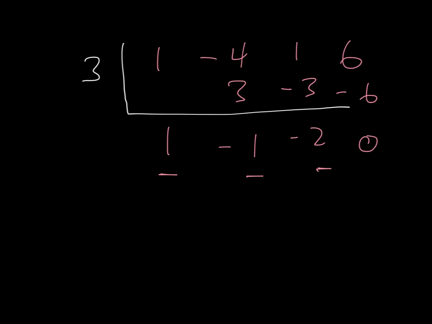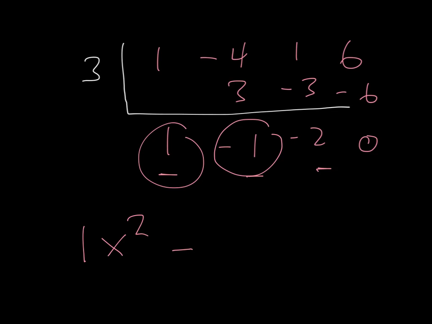So this 1 here goes with x squared. Then I have this negative 1 here, becomes negative 1, and then x. So each term, the power of x is going to decrease by 1. So x squared, then x to the first power. And then here, this is my last term, x to the 0 power, which is 1, so we just simply have negative 2.